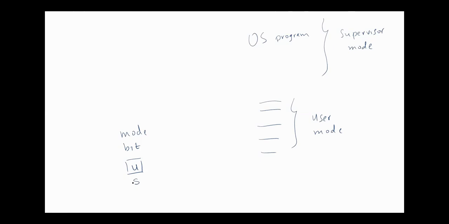When the operating system transfers control to the user program, this bit is switched to the user mode. When the program is terminated, the control returns back to the operating system, and this bit should be switched to the system mode. Instructions performed in the supervisor mode are called privileged instructions.